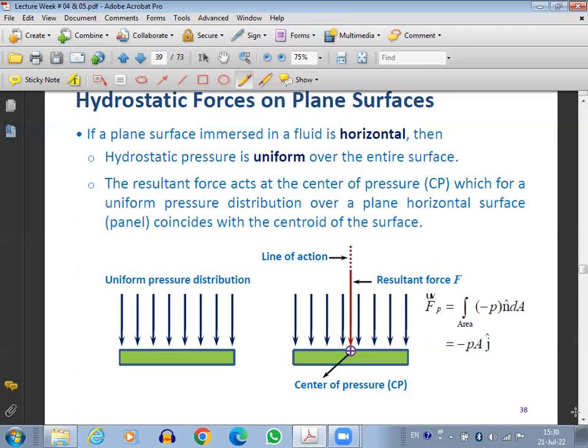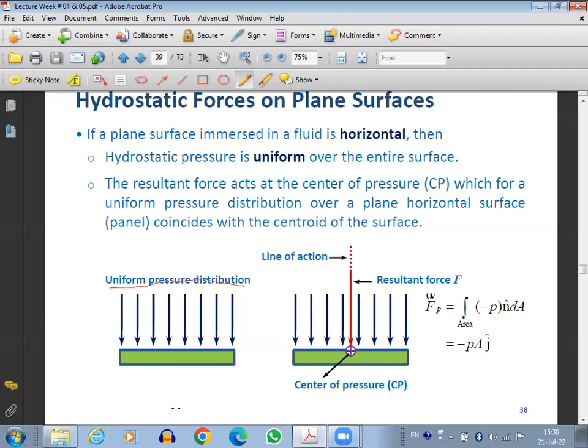The easiest is the horizontal plane. Suppose I have a horizontal plane and the fluid is on top of the plane. Obviously the fluid is going to exert pressure on the plane. This will be a uniform pressure distribution, because on a horizontal surface the pressure remains constant. Pressure varies with elevation, not in the horizontal direction.